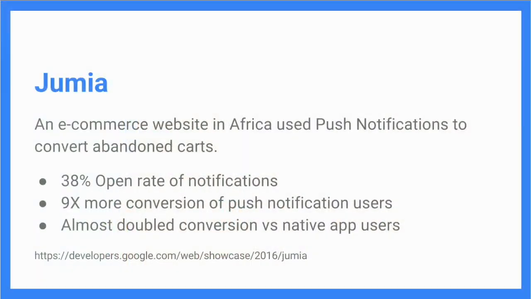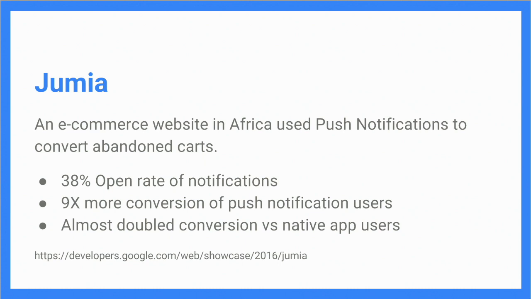Jumia is another e-commerce site in Africa, and they had issues where people would put stuff in their shopping cart and then just kind of abandon it. And they discovered that people who had push notifications enabled, the mobile web users, were twice as likely to come back and convert those abandoned carts than native app users.